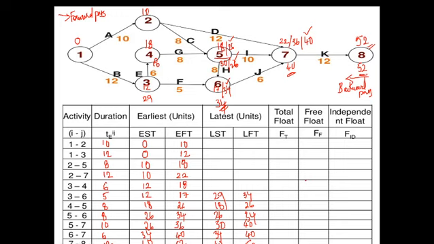How much have we got? The latest finish time is 18. What is the activity duration? 6. 18 minus 6 is 12. So again on 3 we have got one more value, which is 12.